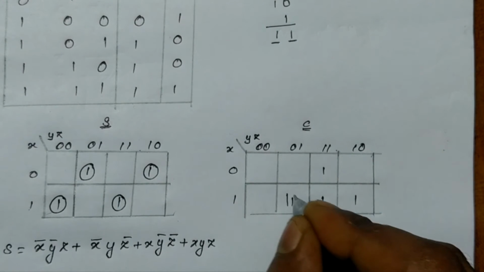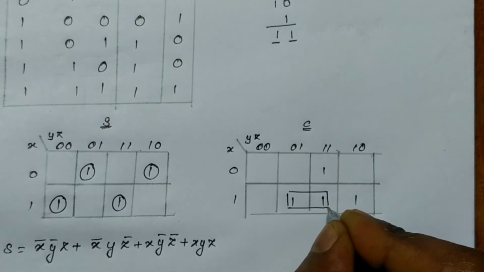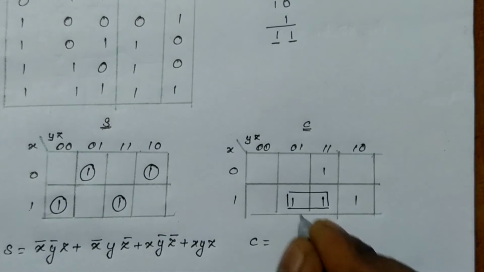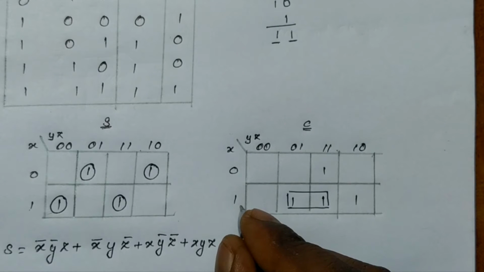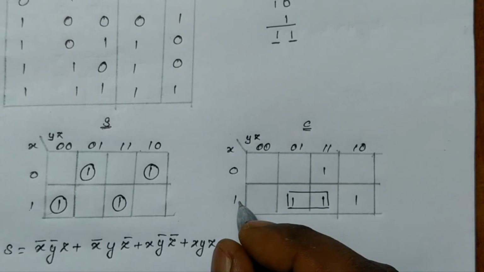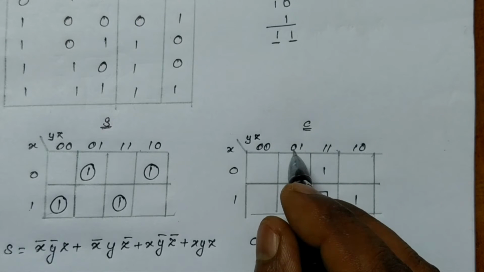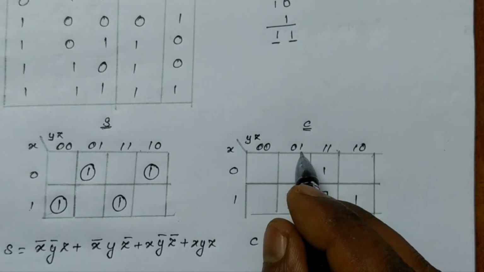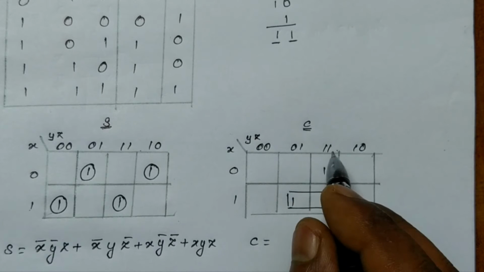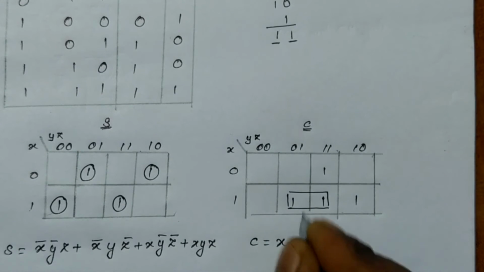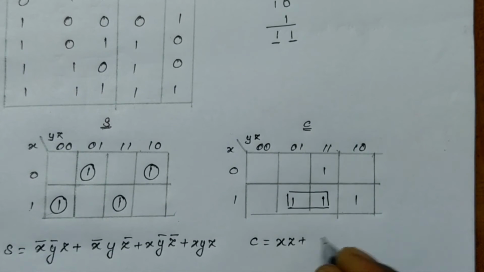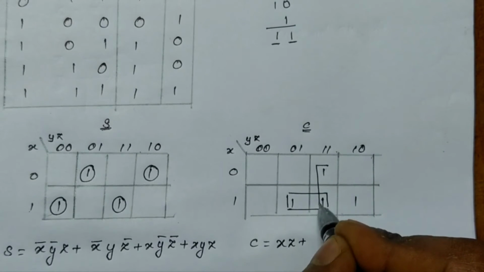Here I can make a pair, and its value c is equal to, on the left side we are having the value x equal to 1, therefore x, and here the common term is z, since y changes from 0 to 1 and z value is 1. Therefore x z plus, I am going for the next group.